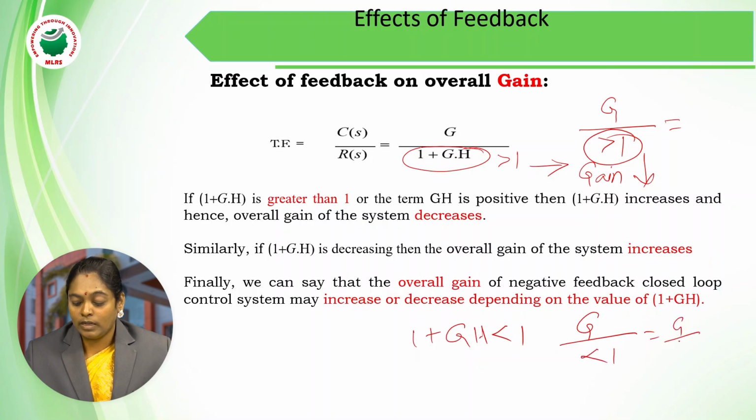Let me take G by 0.1, which is 1 by 0.1, equal to 10. So if 1 plus GH is less than 1, gain is going to be increased. If 1 plus GH is greater than 1, gain is going to be decreased. So depending upon the values of G and H, the gain of a particular system may increase or decrease.